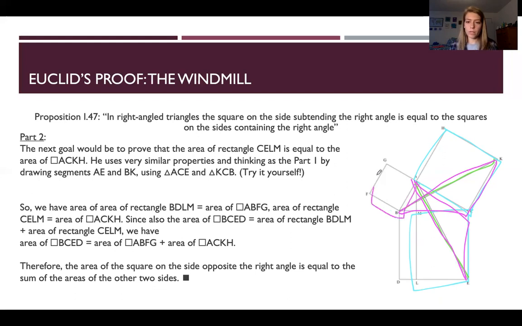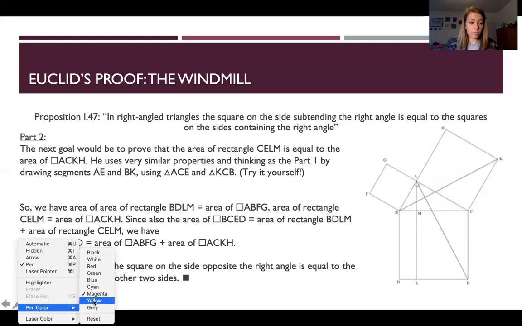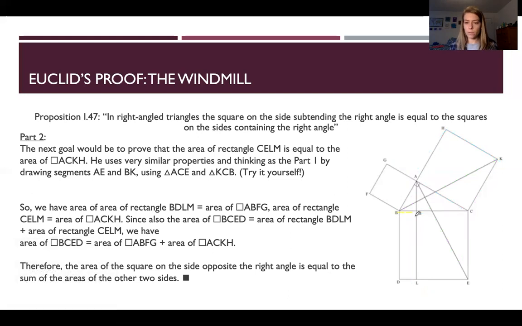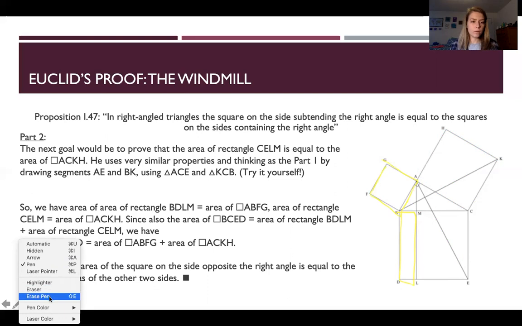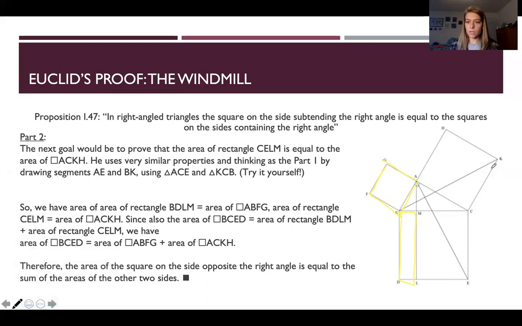That was the part that we proved in the first part here. We had that these areas are the same in the first part. And in the second part, we showed that these areas are the same.